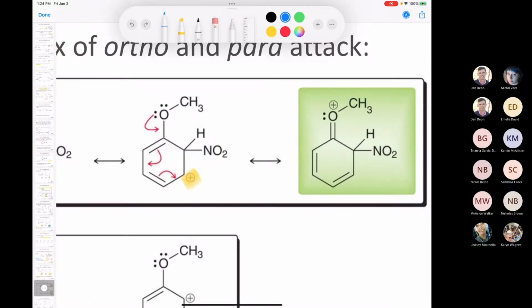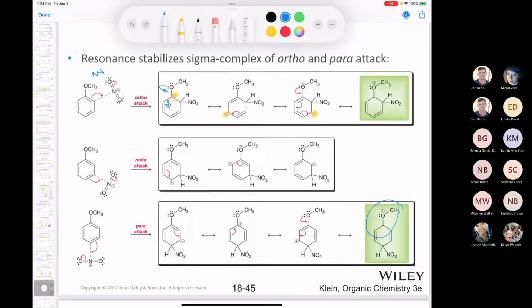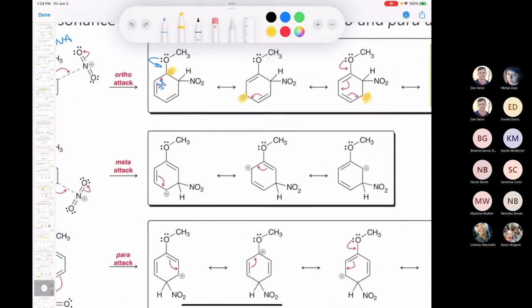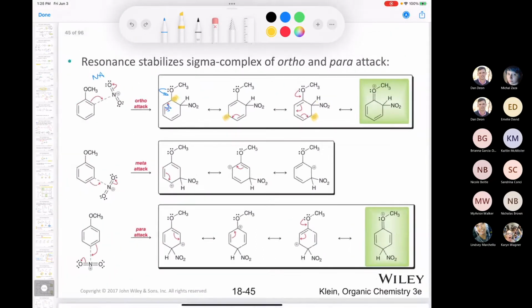And there we go. So we end up with an extra resonance contributor. We end up with the same thing when we do the para attack. But look, when you do the meta attack, you end up with no such thing. There is no sigma complex where you have a positive charge adjacent to the oxygen. And since the sigma complex is less stable, you get less meta attack.